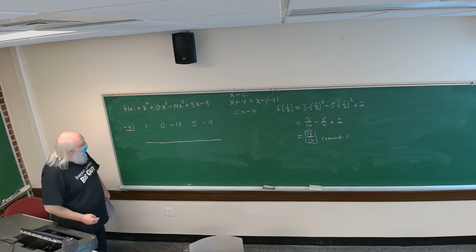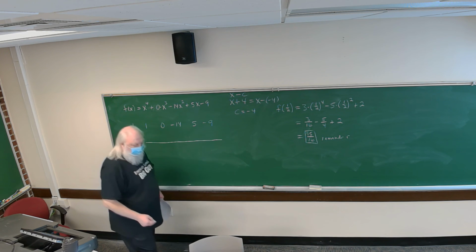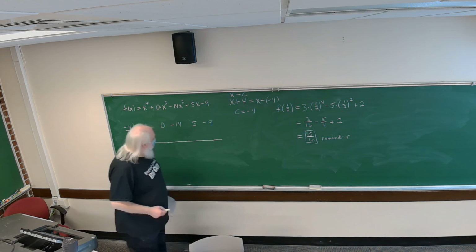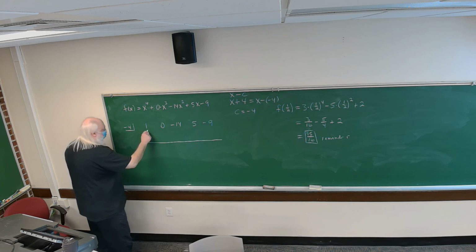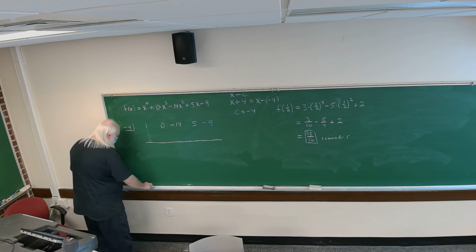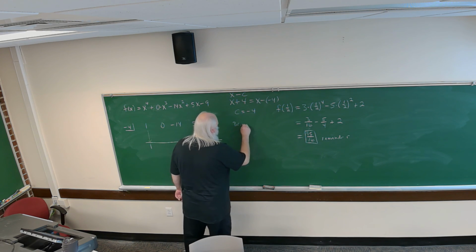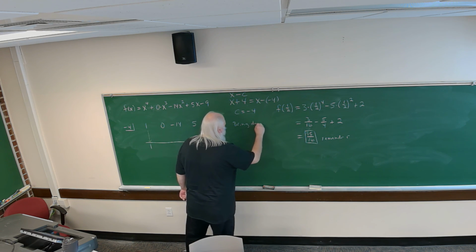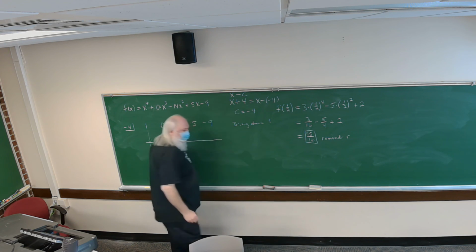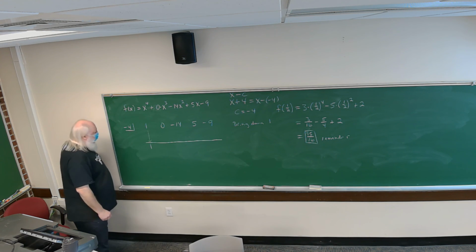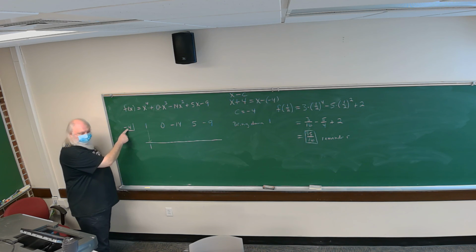So the first step in doing synthetic division is to bring down the first coefficient below the line, which is 1. So we bring down the 1, okay? And then we multiply the 1 by negative 4.